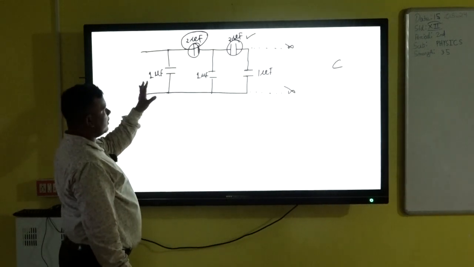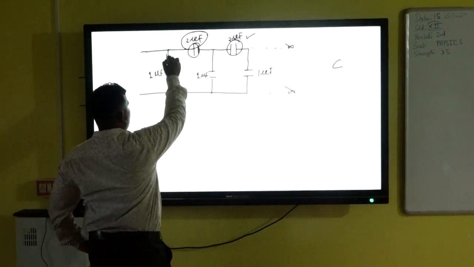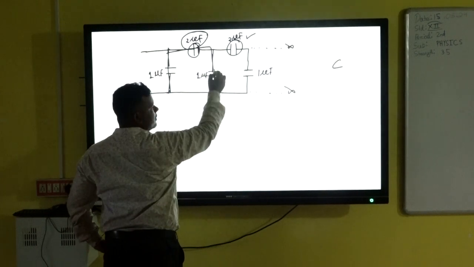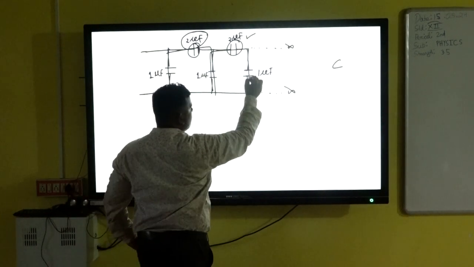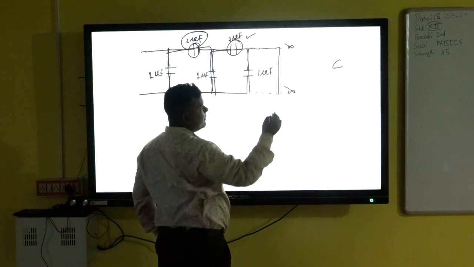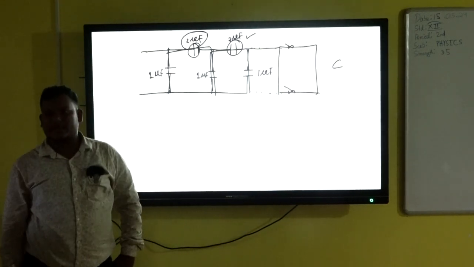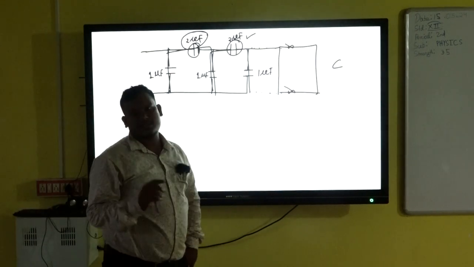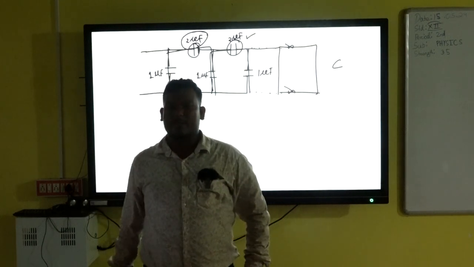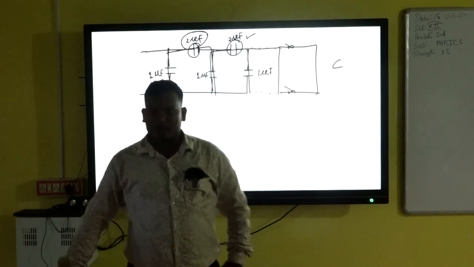Then we have this is a branch, this is a branch, this is also another branch, then also another branch, like infinite branches are there. From an infinite number of branches, if I skip one branch, then there will be no problem.